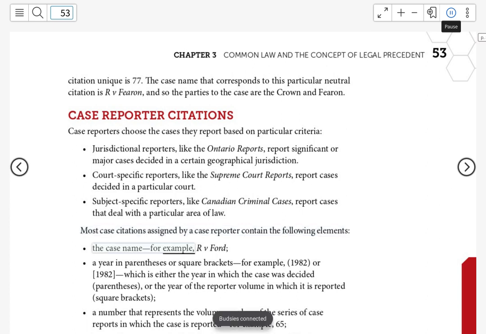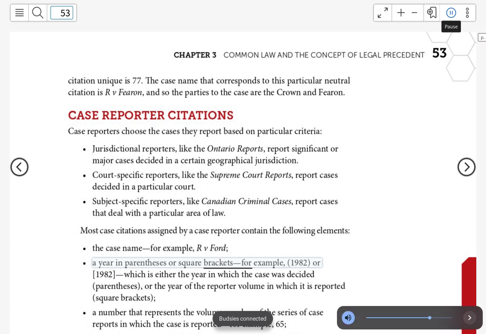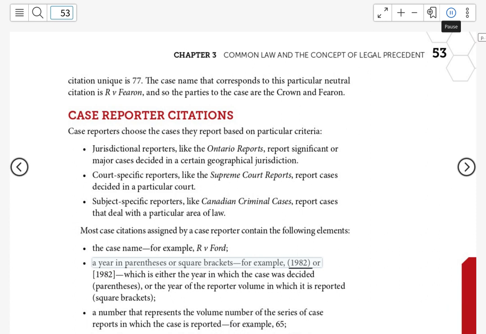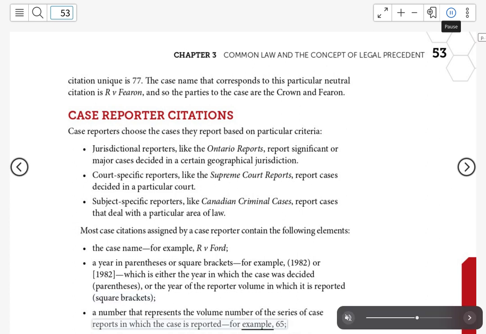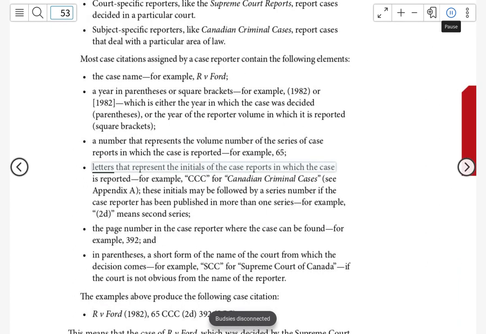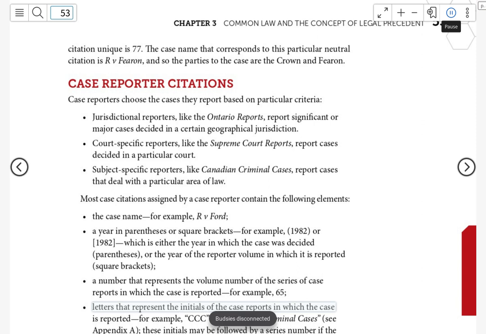Subject-specific reporters, like Canadian Criminal Cases, report cases that deal with a particular area of law. Most case citations assigned by a case reporter contain the following elements: the case name, for example, R. v.